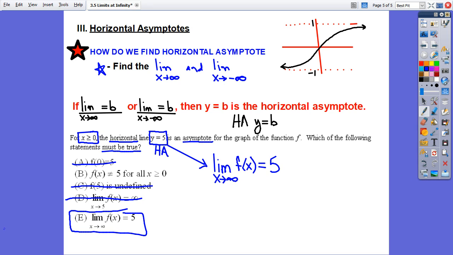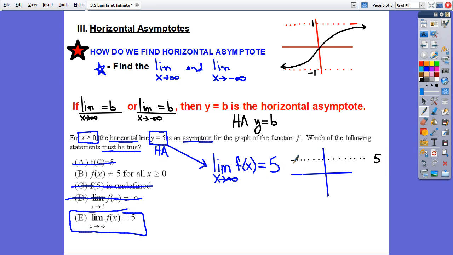Now, I will say B sometimes gives students trouble because they think horizontal asymptotes are like vertical asymptotes, and they think it has something to do with undefined values. It has nothing to do with undefined values. It deals with end behavior. So the name of it makes it sound like it's similar to a vertical asymptote, but the function can equal 5. I'm not saying it does, but it can. A good example of this is, let's say this is 5 right here.